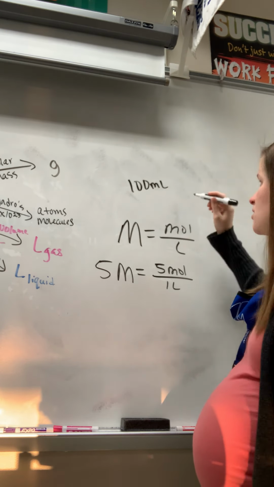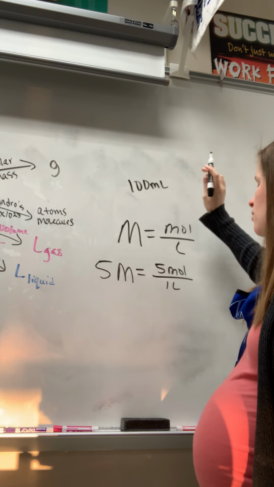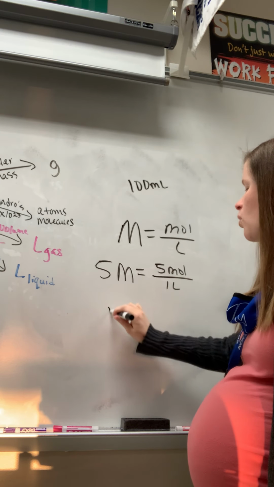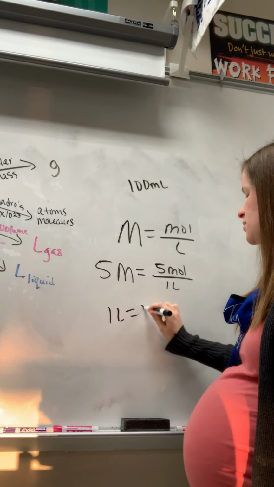1 liter is equal to 1,000 milliliters. To figure out how many liters that is, I need to convert, so I multiply by the conversion factor.